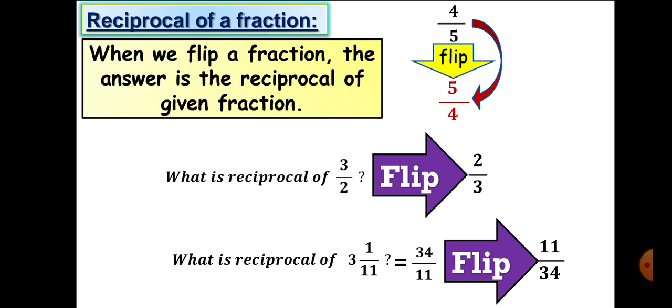Then what's the reciprocal of 3 whole 1 over 11? First make it an improper fraction, which is 34 over 11, then flip it: 11 over 34.